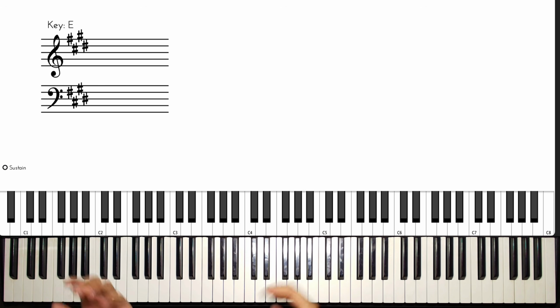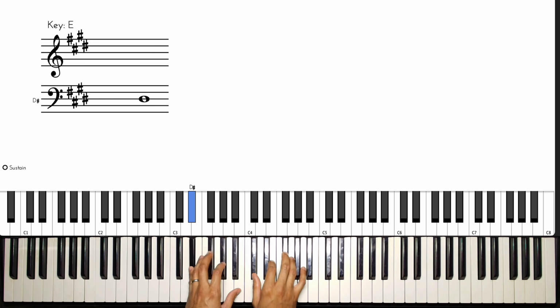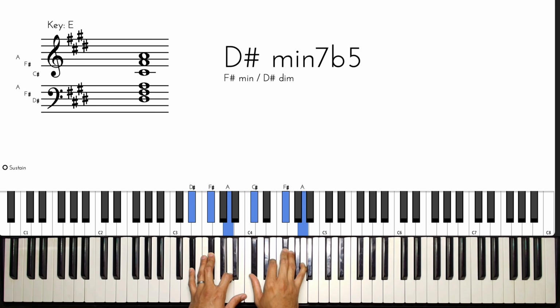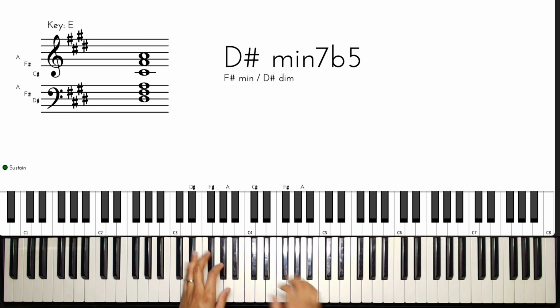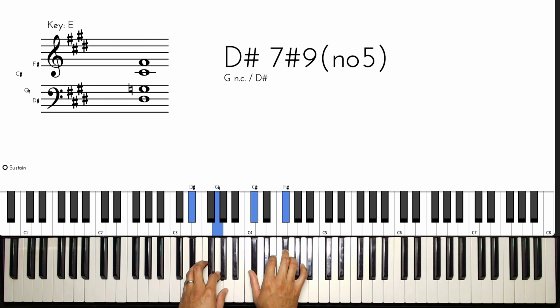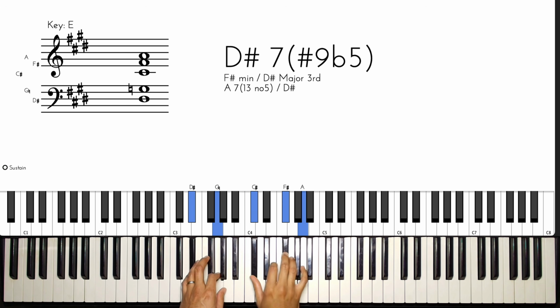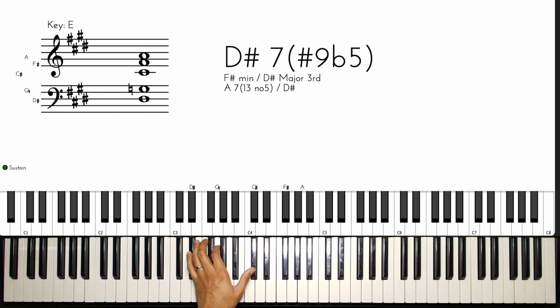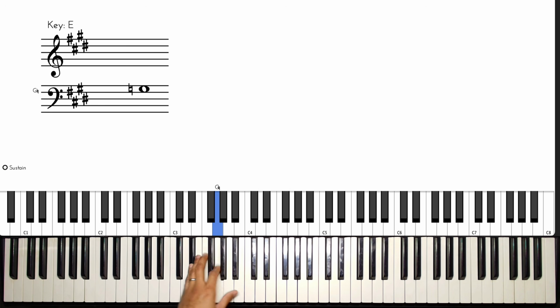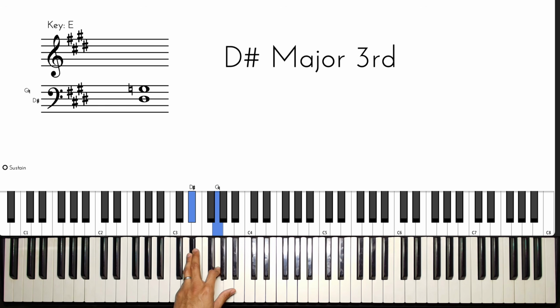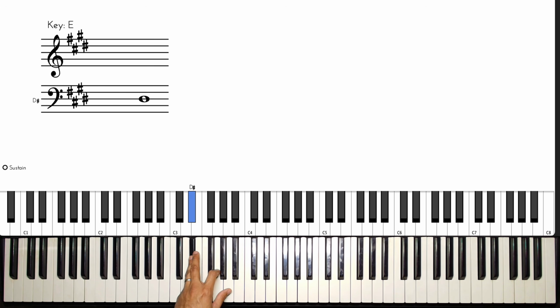Instead of playing it as the diatonic 7, which would be a D sharp half diminished, I played it instead as a D sharp 7 altered. In this case, it's a sharp 9 flat 5, where in simpler terms we're playing a D sharp with the 3rd, and the right hand is going to play a minor 3rd up from D sharp as a minor chord.